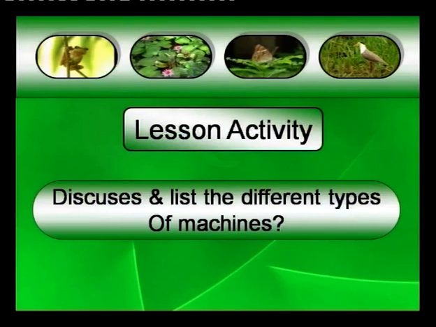Remember, receiving students in 6E, that machines help us to do work. And anything that helps us to do work is a machine. Like I have given you an example, scissors is a machine.